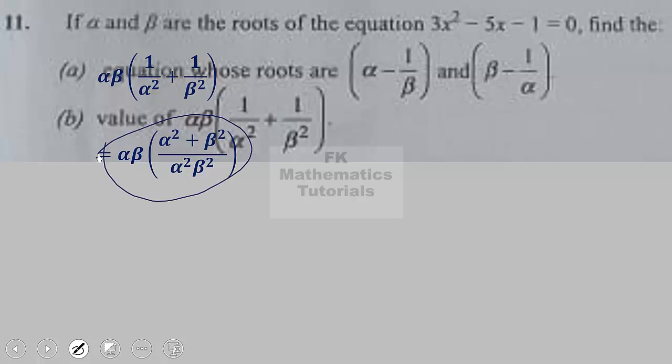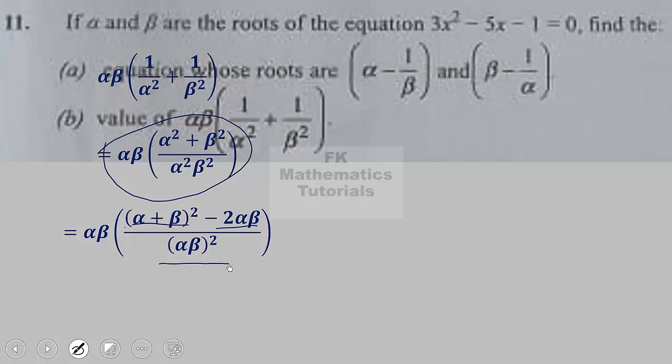So we know alpha squared plus beta squared is equal to alpha plus beta squared minus 2 alpha beta over alpha beta all squared, using the law of indices. So this can take care of one of these, and we are left with this.